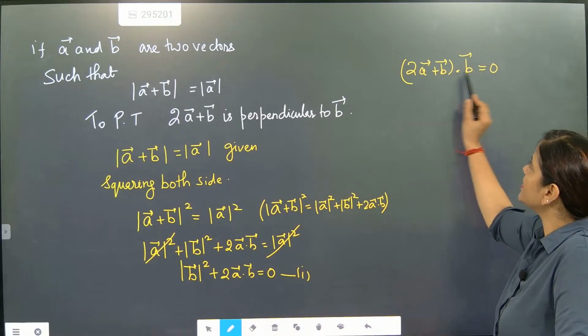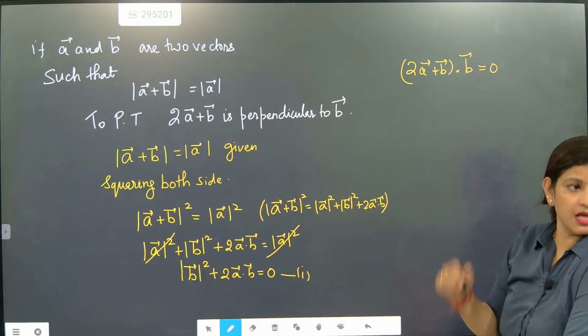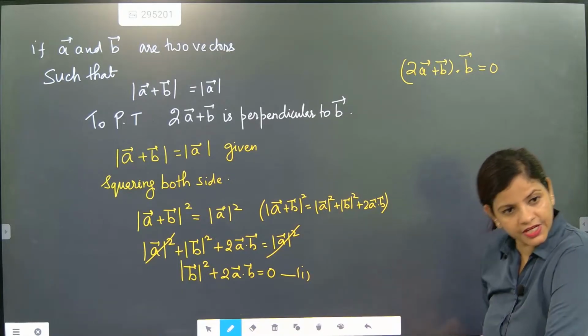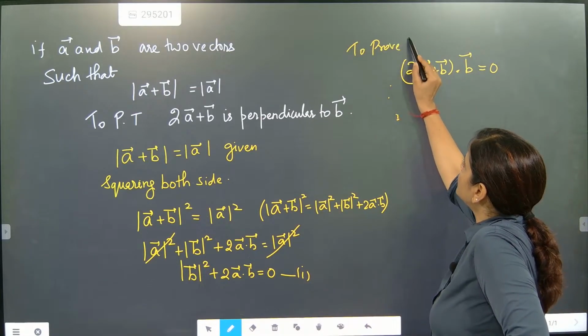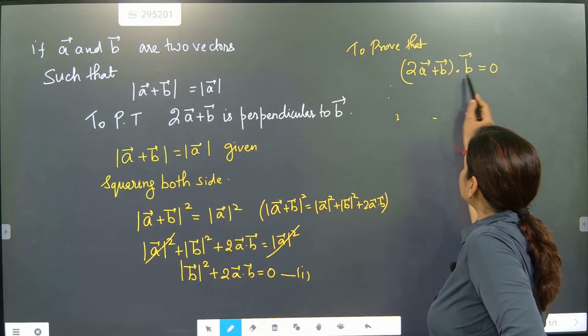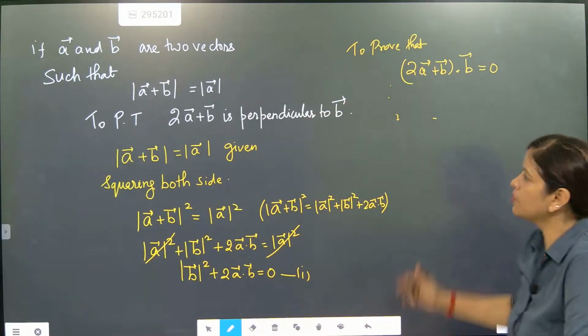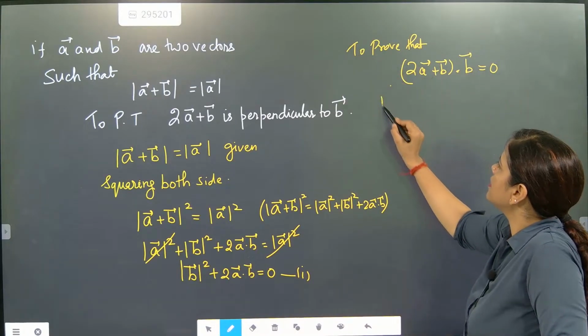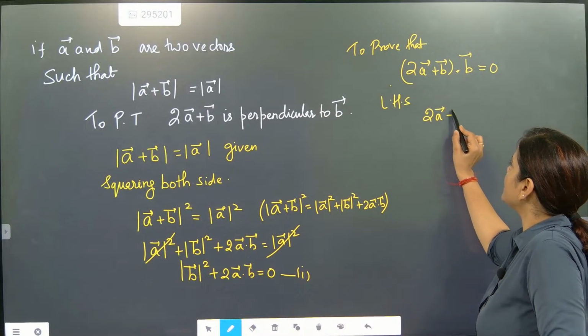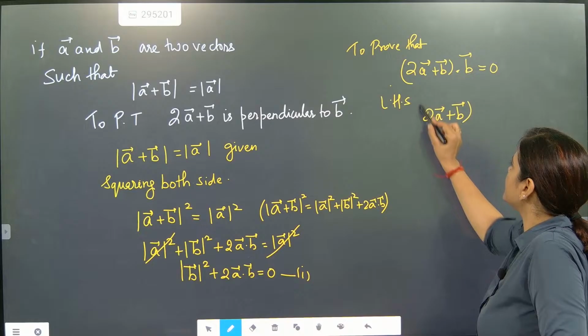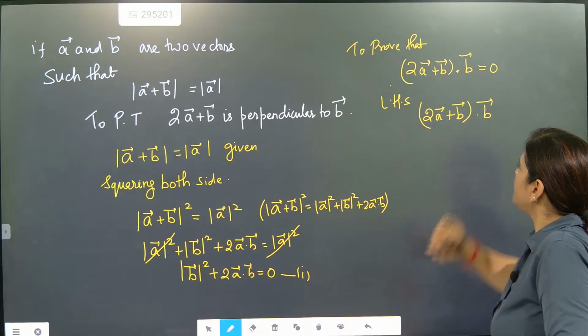So if this vector is perpendicular to B vector, their dot product will become 0. So we have to prove that this dot product is equal to 0. Can we take the LHS side beta? What is our LHS side? Our LHS side is 2A vector plus B vector dot B vector. Done?